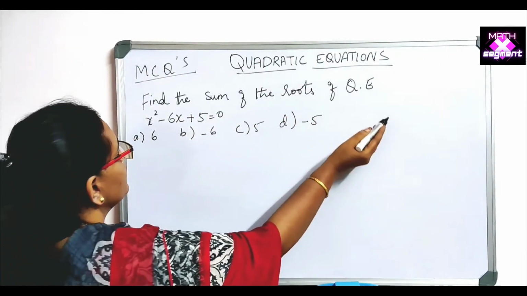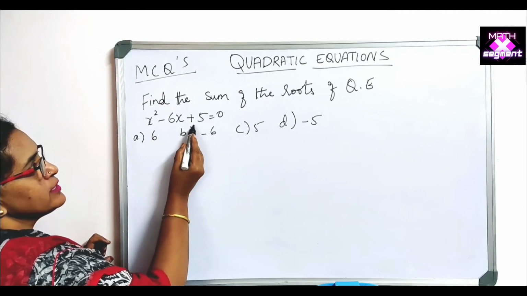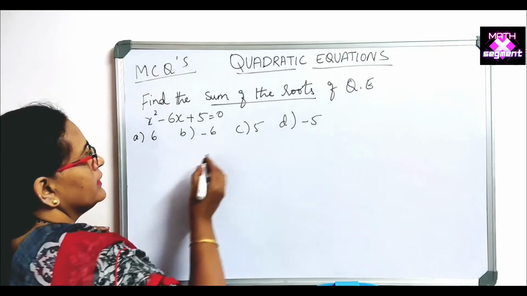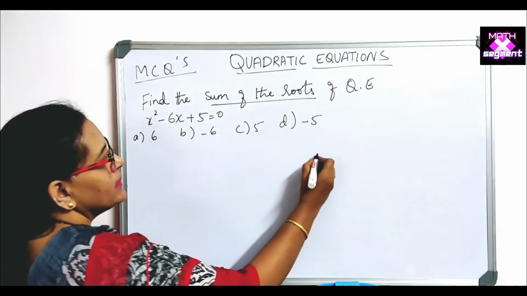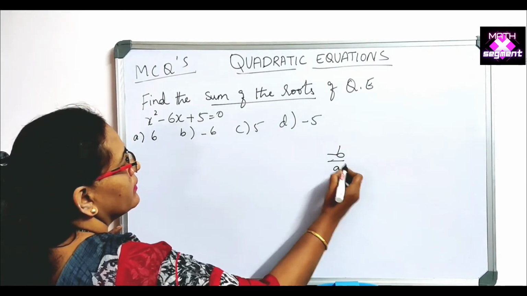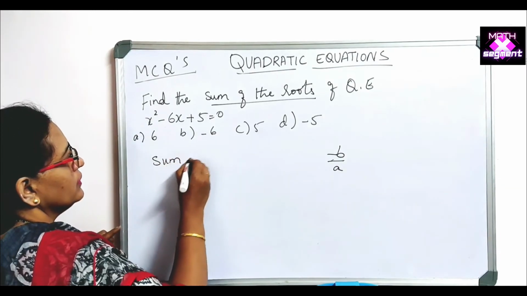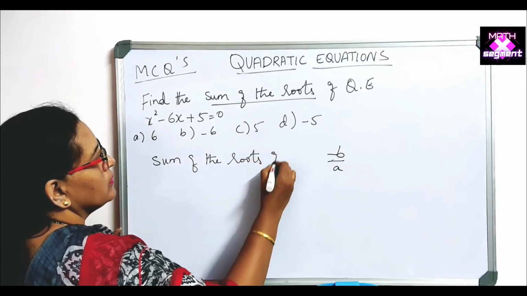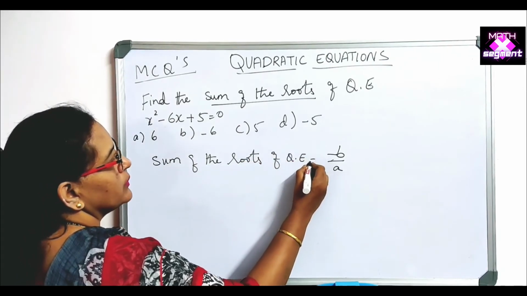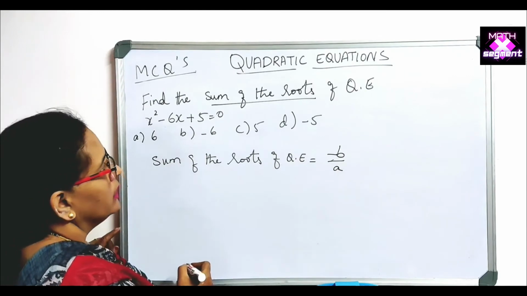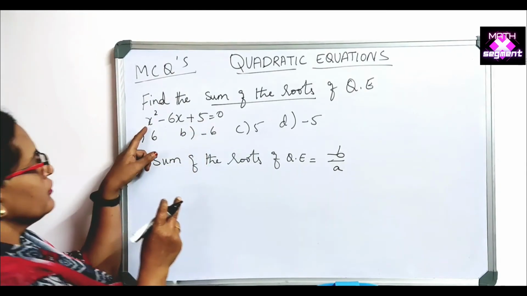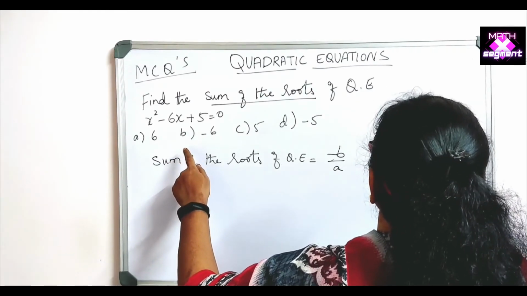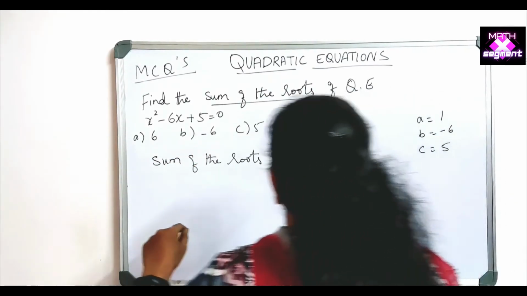Find the sum of the roots of the quadratic equation x square minus 6x plus 5 is equal to 0. So here for the sum of the roots of the quadratic equation, the formula is minus b by a. From the given equation I can know the a and b values. a is 1, b is -6 and c is 5.